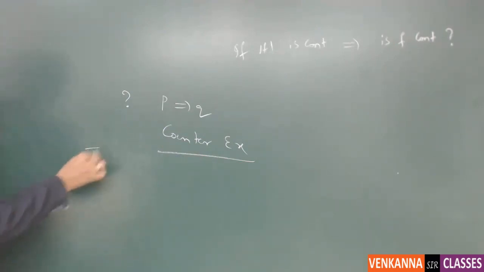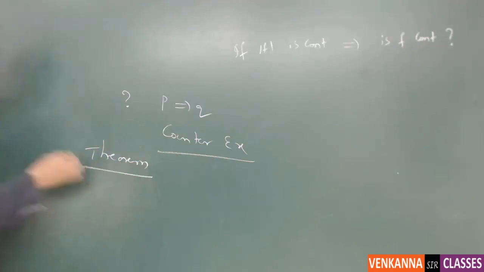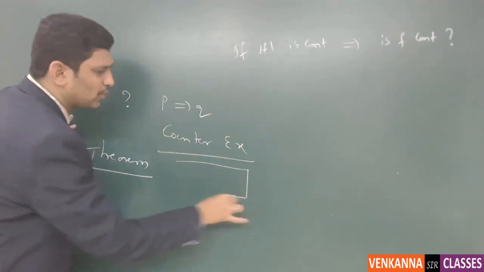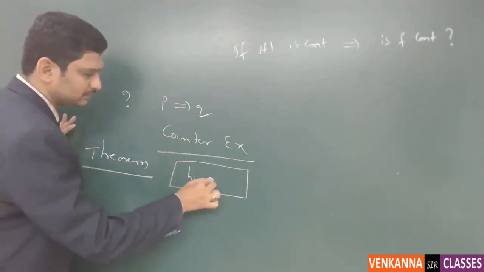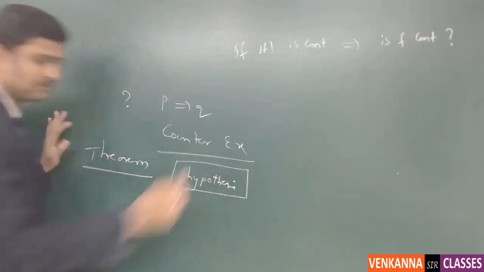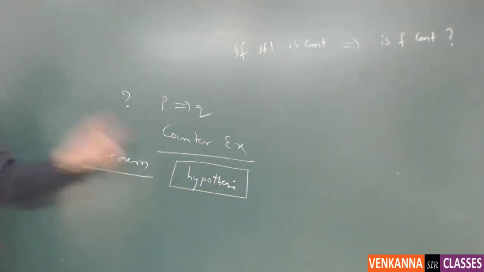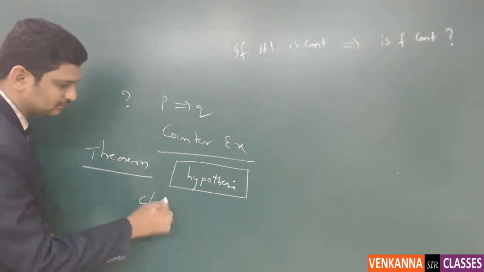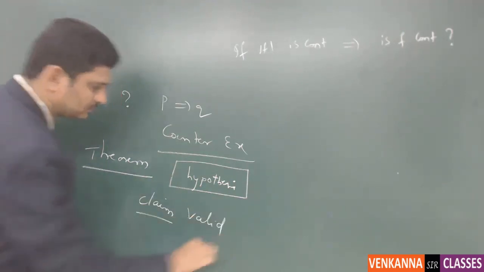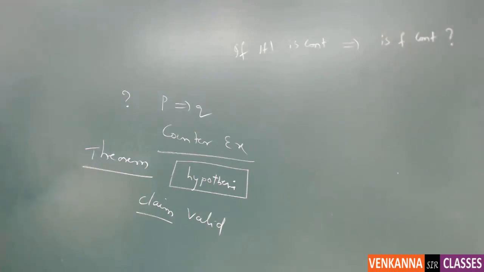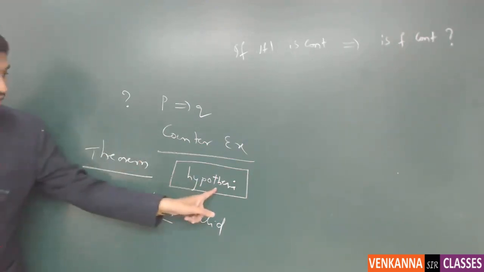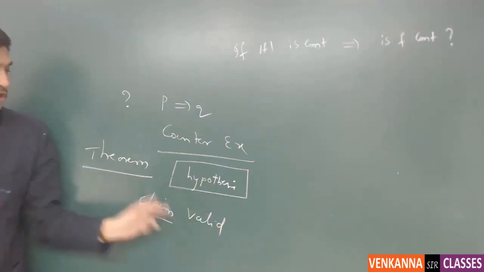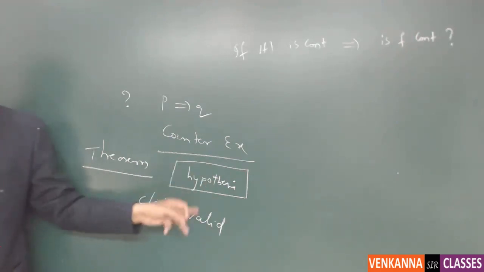Because if I say that it is a theorem, theorem means that whatever conditions you impose in the hypothesis, if the hypothesis is valid, the claim is also valid. So if you want to prove that this theorem doesn't hold good, you should check for a counter example, so that even though the hypothesis is satisfied, you get an invalid claim.